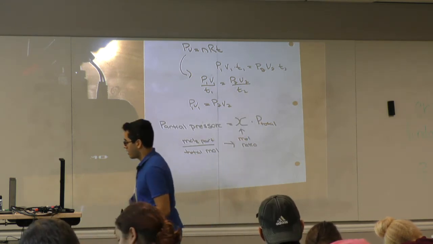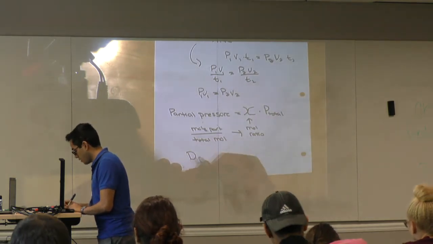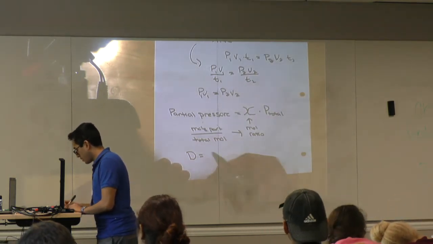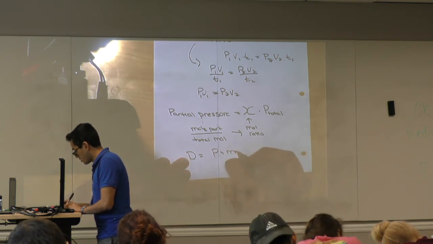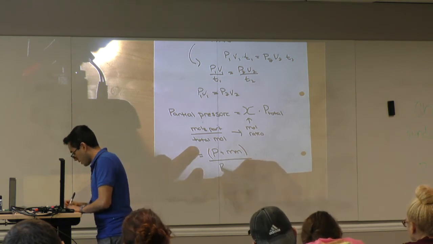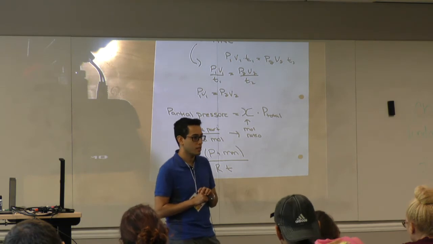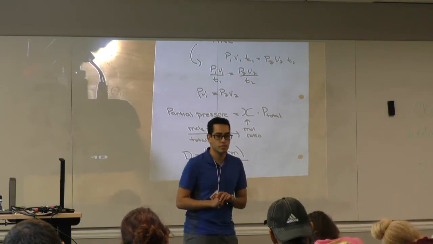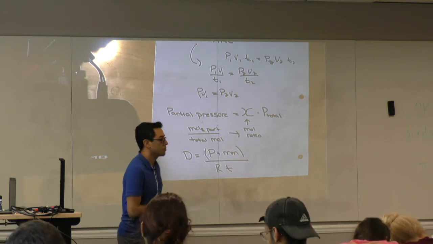Okay? And then finally, you can calculate density by doing pressure times molar mass divided by the gas constant R times T. That's essentially what gases break down to. I would say these are the most important things you need to know about.